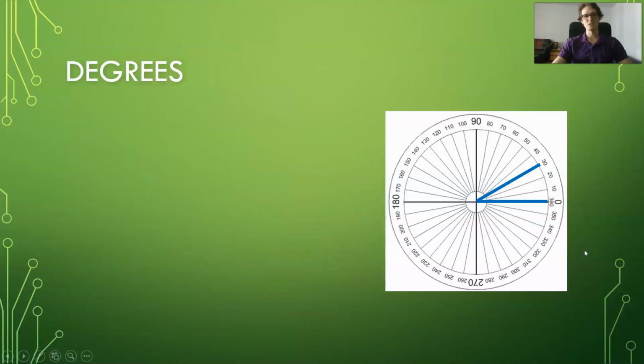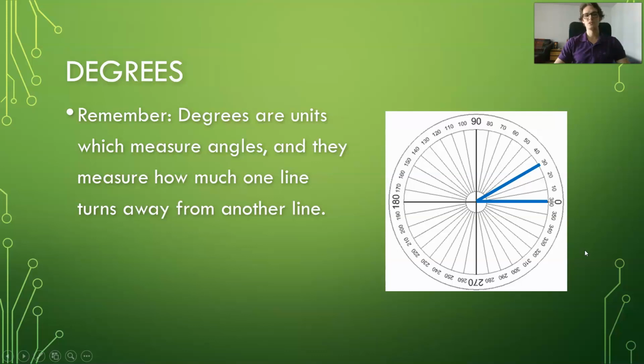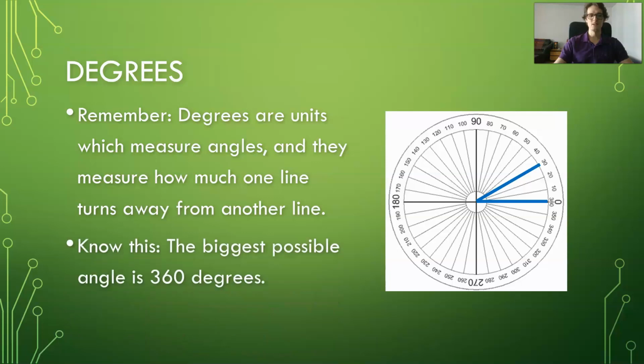Let's also talk about degrees. Remember, degrees are units which measure angles, and they measure how much one line turns away from another line. Know this, the biggest possible angle is 360 degrees, okay? So let's look at our picture here. I created an angle with these two lines here, okay?